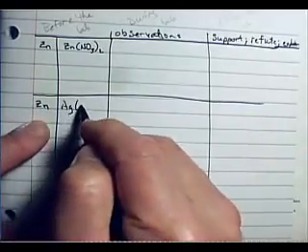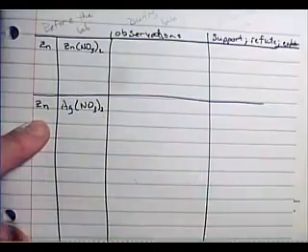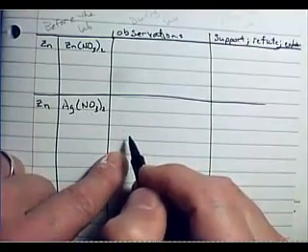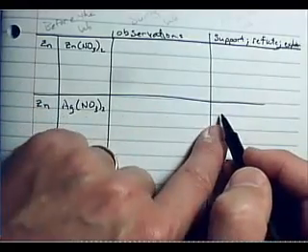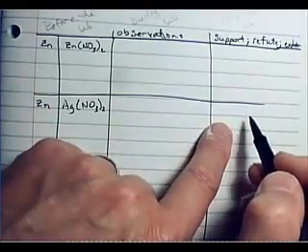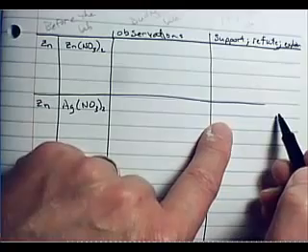Now, what was the next set of things we were looking at here? Zinc and silver nitrate. So I'm going to skip down 1, 2, 3, 4, and leave 4 lines for this. And I'm going to put zinc and silver nitrate. We were just talking about this a minute ago. We said that zinc would react with silver nitrate in one of our homework problems. So if I have some observations that a chemical reaction occurred, then over here I would say the observations support my prediction.